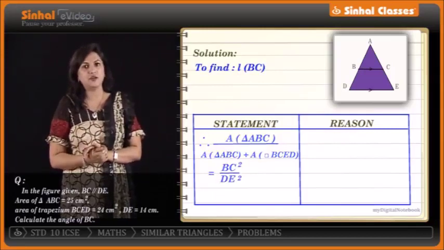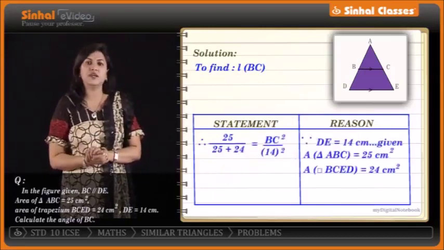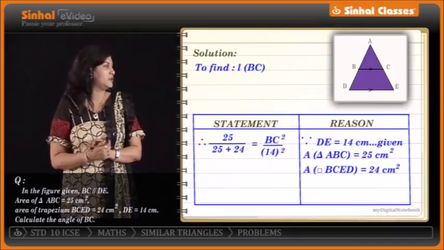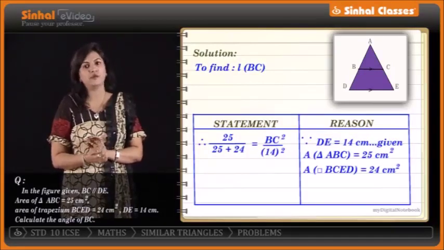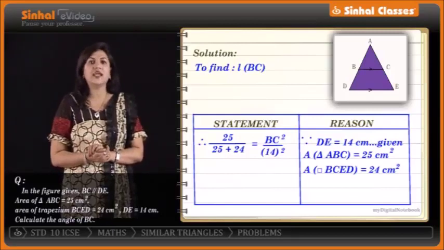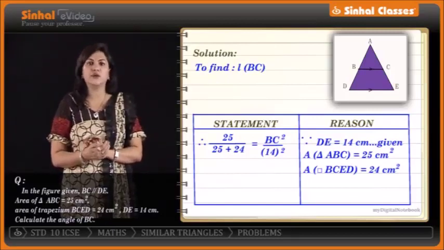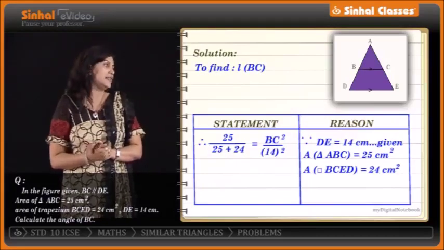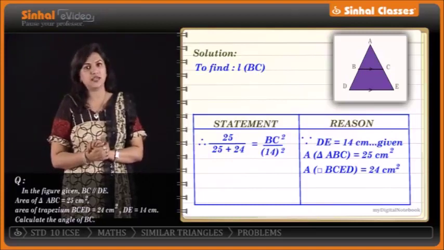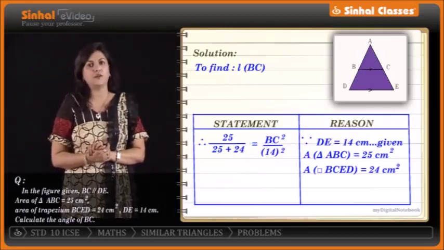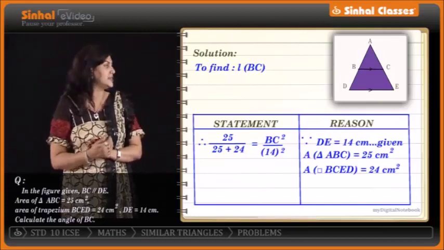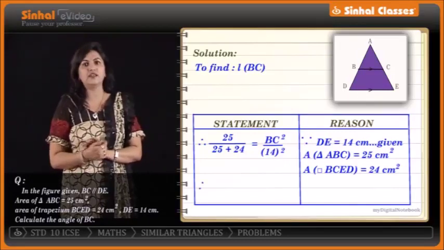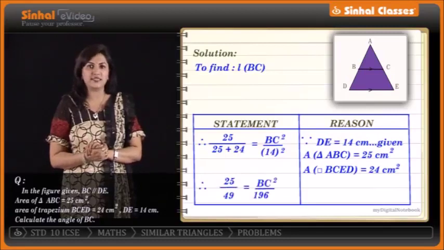Now we substitute the values. 25 upon 25 plus 24 equals BC square upon 14 square, because we are given the area of triangle ABC as 25, the area of the trapezium as 24 and the length of DE as 14 centimeter. Now we simplify this. 25 upon 49 equals BC square upon 14 square, that is 25 upon 49 equals BC square upon 196.